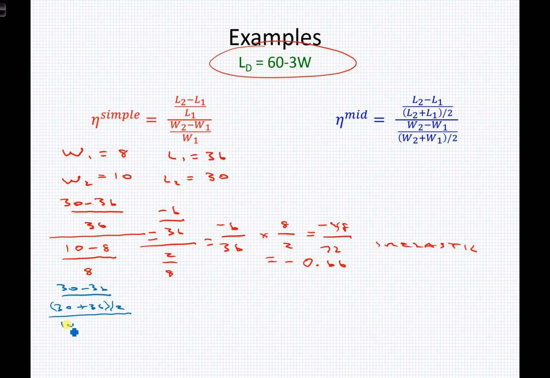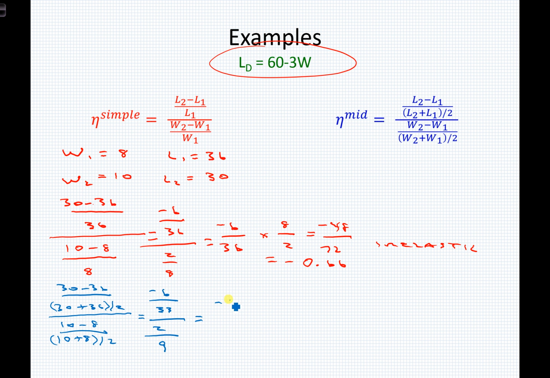And then 10 minus 8 divided by 10 plus 8, and then the sum of that divided by 2. So we still have the same negative 6, but now we have 30 plus 36, or 66 divided by 2, and that's now going to be 33. And we'll have that over 2 divided by 10 plus 8 is 18, divided by 2 is 9.